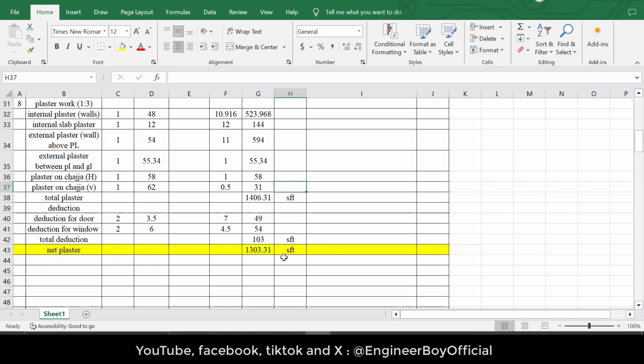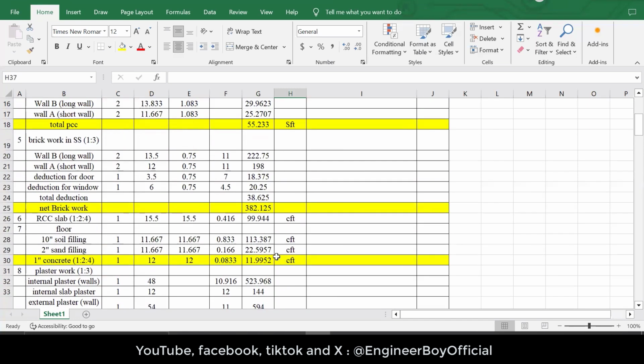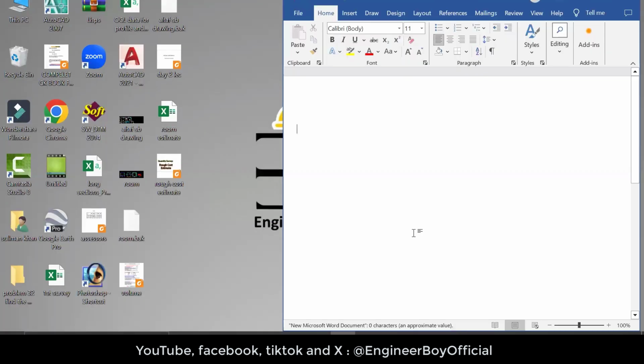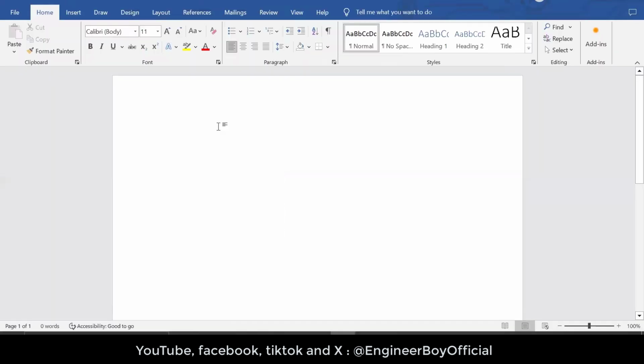So we have to make everything separate. What we need is the PCC work, which means total PCC work. Then we need total plaster work, and then the brickwork, and then everything like maybe excavation and so on.